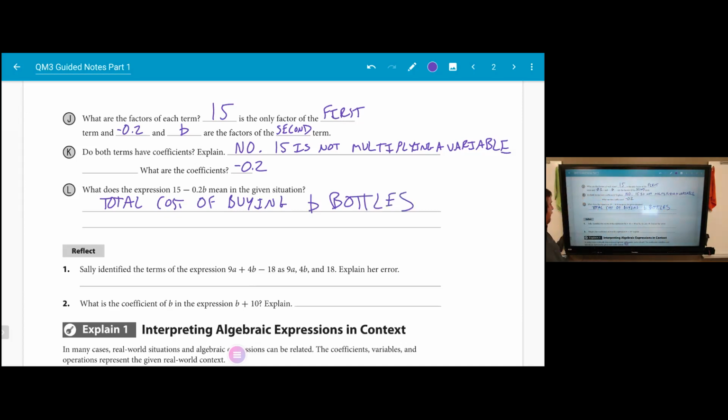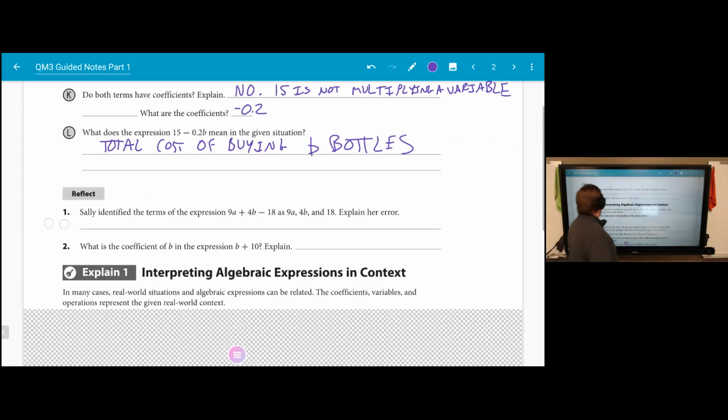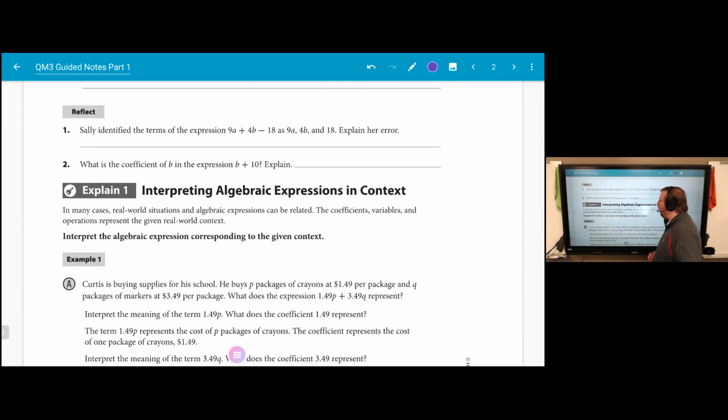All righty. I'm going to have you do the two reflect questions. Actually, I want you to think about one and check it with your work. I'm going to do number 2. What is the coefficient of the expression b in b plus 10? Like we talked about, if this was 6c, you would tell me I have 6 c's.